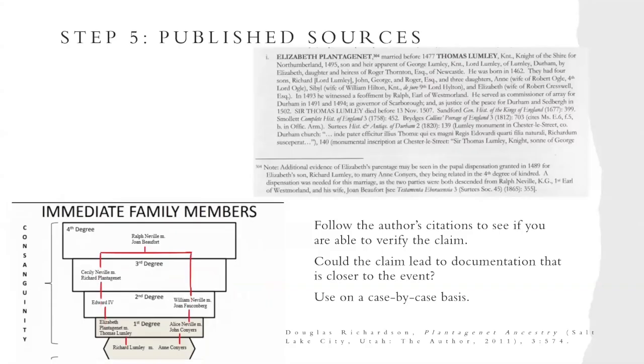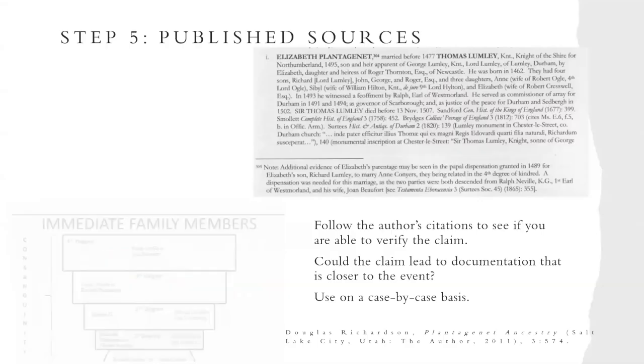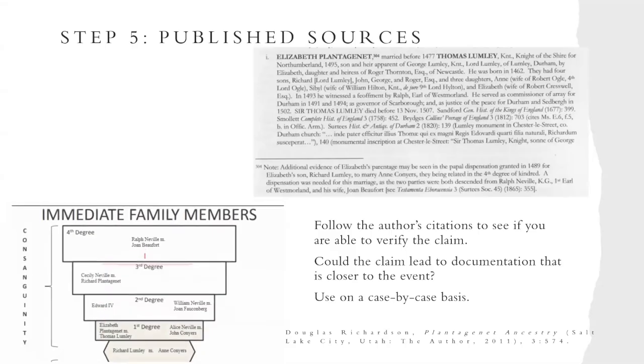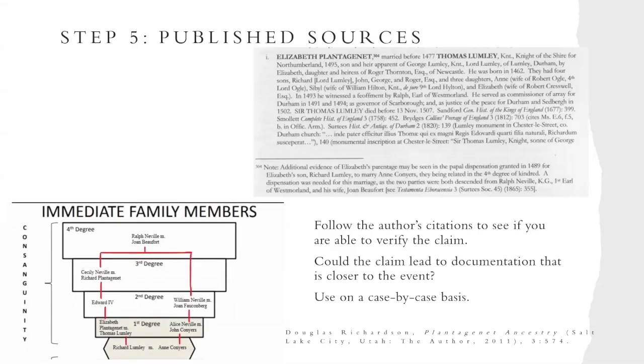From Elizabeth Plantagenet and 4 generations down, I relied on the Richardson Plantagenet volumes, but I then evaluated each claim and each citation. When you evaluate published sources, checking out the claims of the author enables you to build trust with them. You evaluate cited claims by tracking the original source to see if it matches what the author suggested.